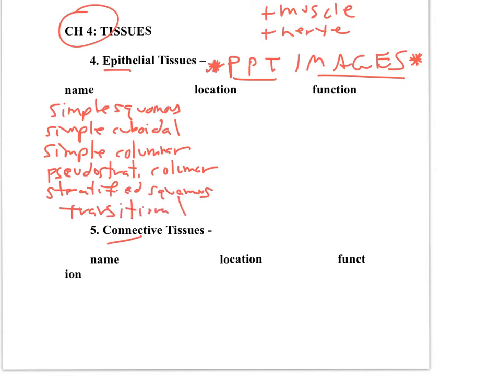Simple squamous was the thinnest of the thin epithelial tissues and located in areas of the body where diffusion and filtration were an important function, such as in your lungs or your blood vessels.